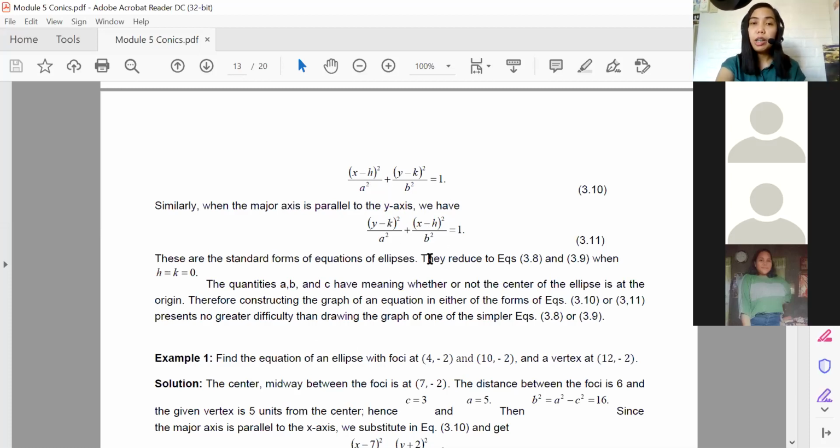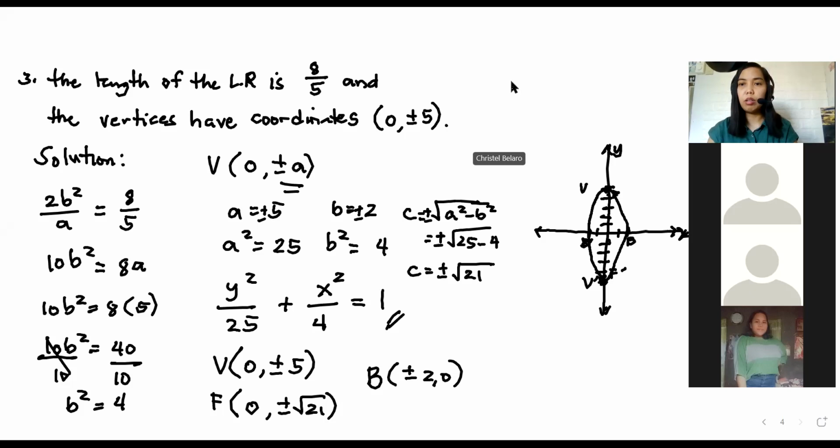So we can also write this in general. This is standard form into general form. Laging ang general form class, laging naka-equate sa 0. So we will try that in example. So let's have a summary. Kasi kanina meron tayong with center at the origin.